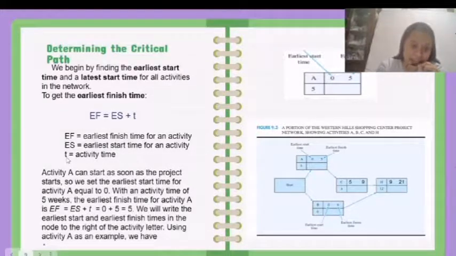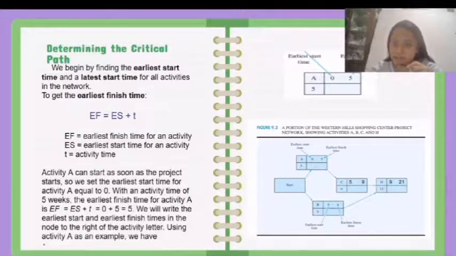Activities A and B can start as soon as the project starts, as they don't have any immediate predecessors, so we set the earliest start time for activities A and B equal to 0. With an activity time of 5 weeks, the earliest finish time for activity A using this formula is 5 weeks. We will write the earliest start and earliest finish time in the node to the right of the activity letter. Using activity A as an example, we have this.